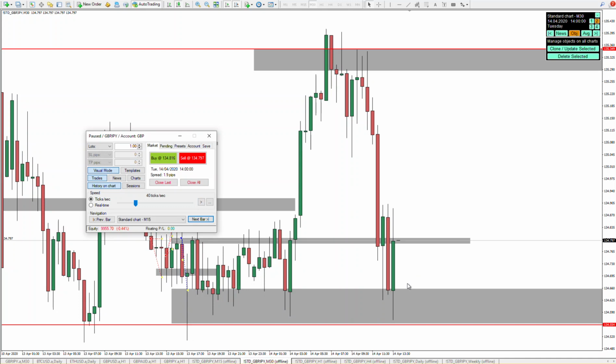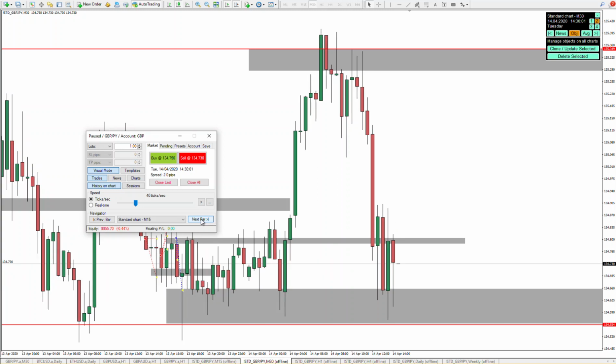Now we got support formed on M30 right here, but we didn't break resistance, so we got to wait for a break of resistance. Now we got lower resistance, we got to see it break. Okay, this looks quite interesting.